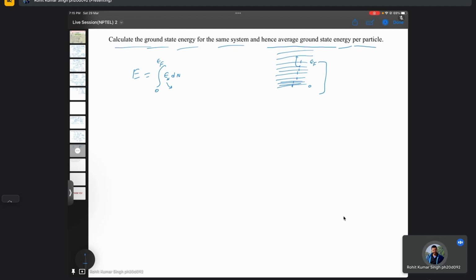I have drawn these energy states like this, but they are non distinguishable. They are packed together, so we have to take an interval of energy, right? We have to talk in terms of intervals, and so dn is basically the number of energy states lying in the interval E and E plus dE.